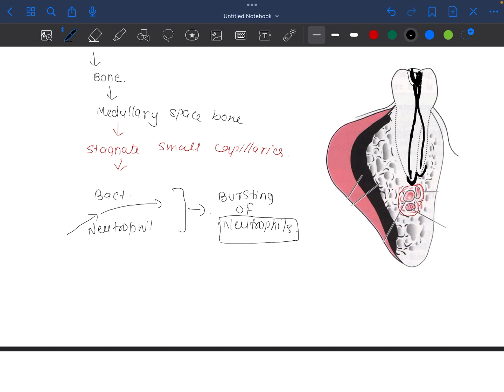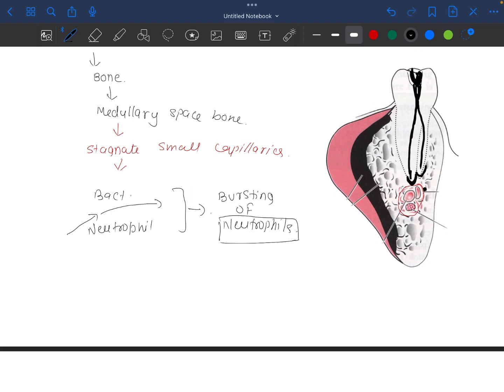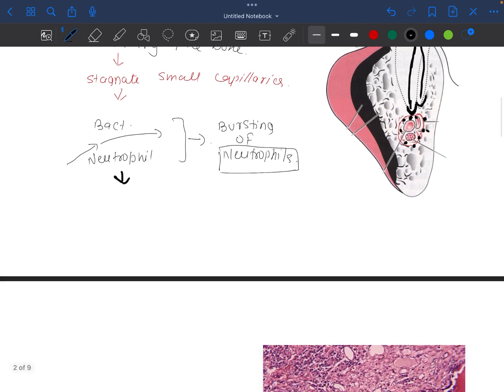If it's chronic suppurative inflammation, you will find lymphocytes. Since it's acute inflammation in this region, you will find PMNs, and these PMNs will produce pus. And this pus, what will it do?